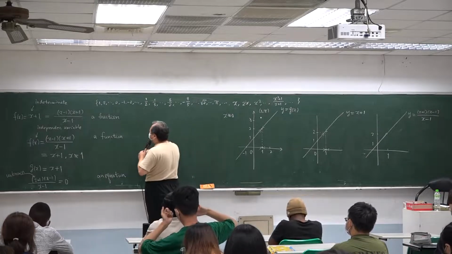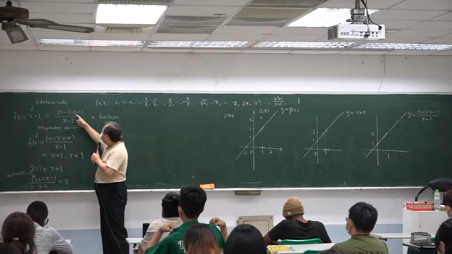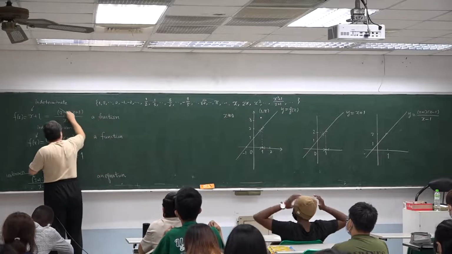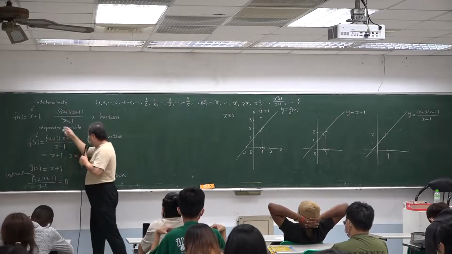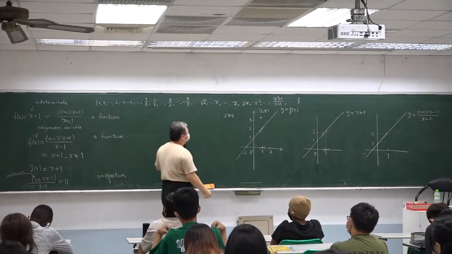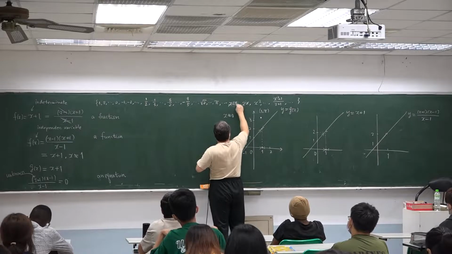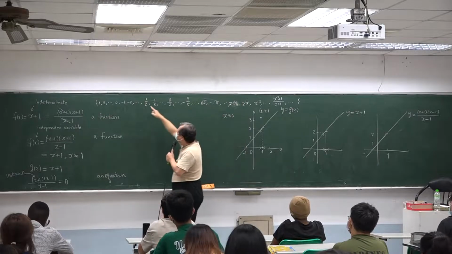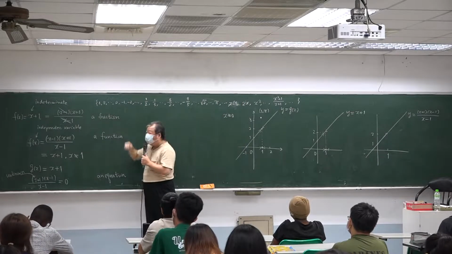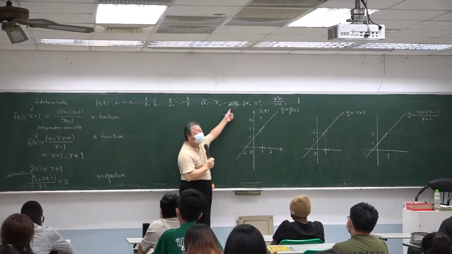So in here, this is a -0. Here, x -1 is not 0. 0 is here. x -1 is here.